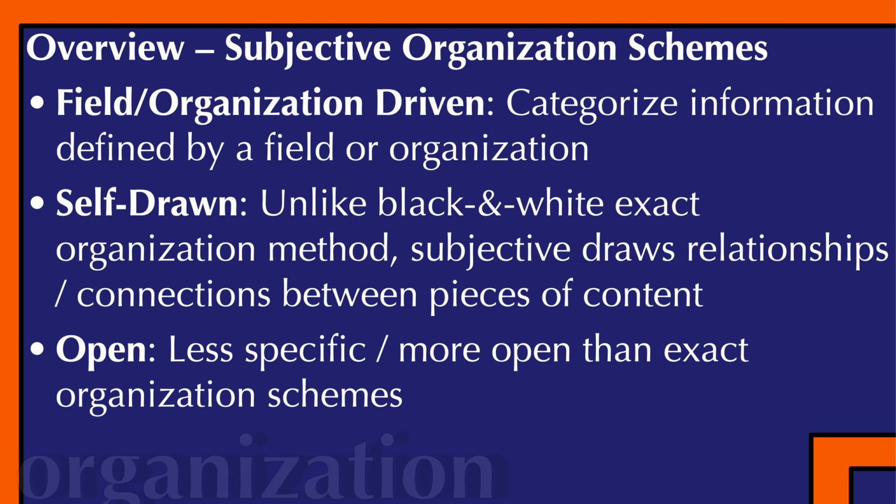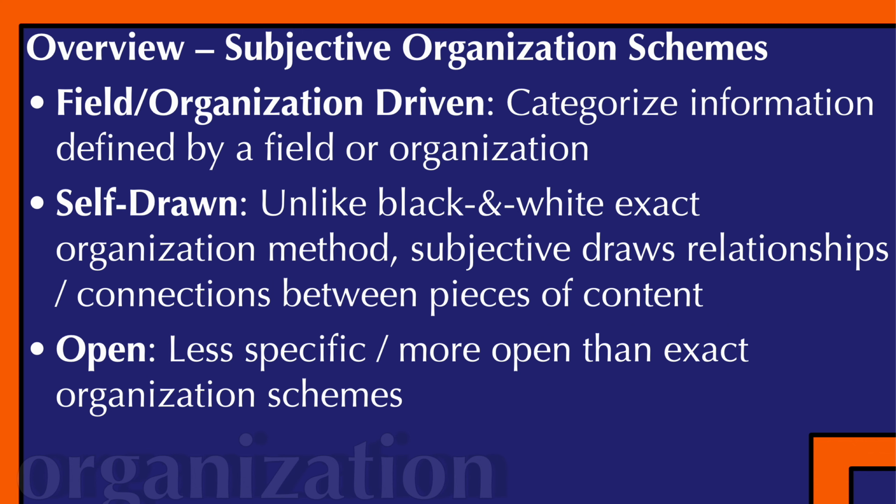It is field and organization driven. More specifically, you want to categorize information that is defined by a field or organization. So it's a bit more idiosyncratic and obviously subjective. It is self-drawn.